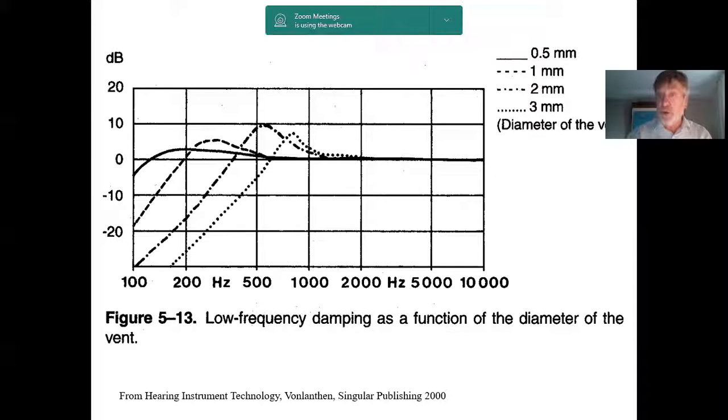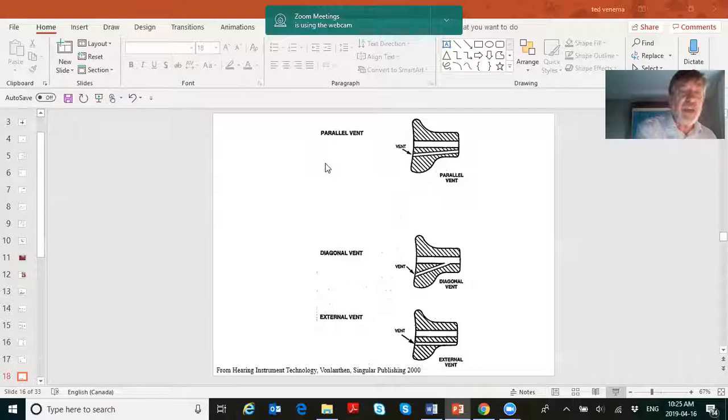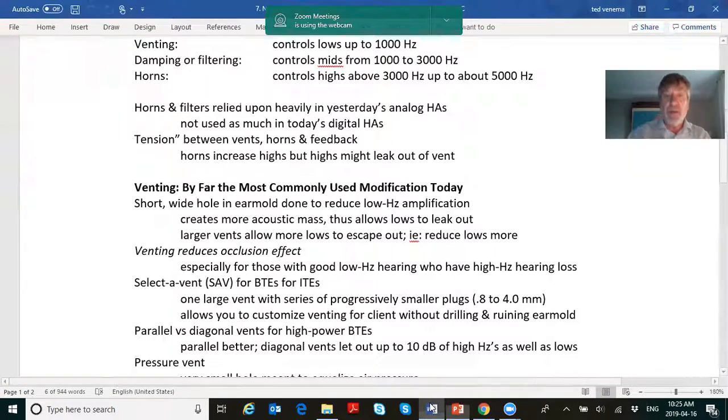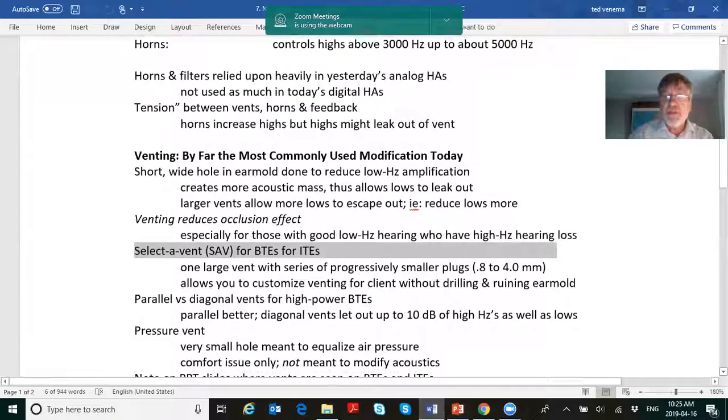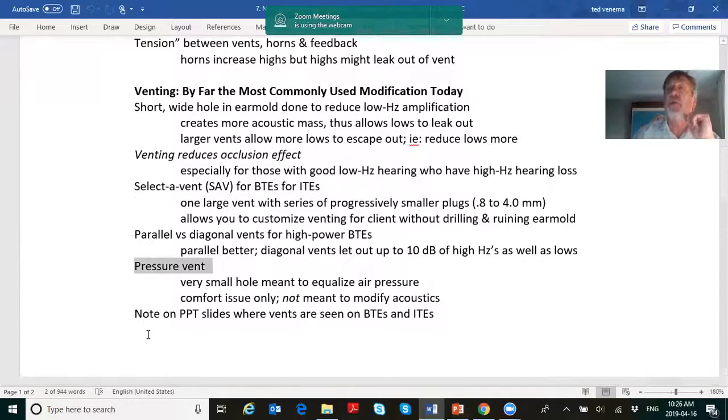A 1 millimeter vent is simply called a pressure vent. A pressure vent hardly lets out any lows at all. A pressure vent is just there for simple comfort, so that you've got a little bit of air communicating between outside versus inside the ear canal.